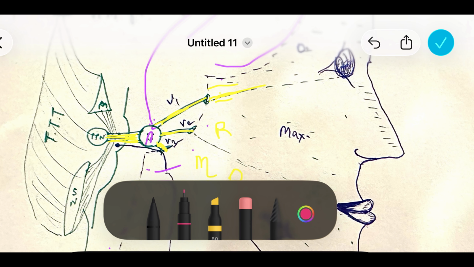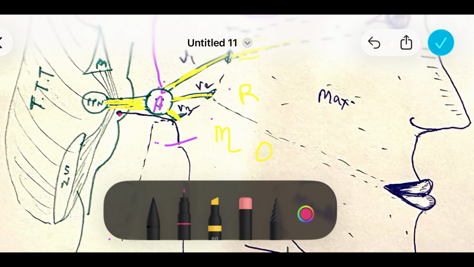So where is the motor root? The motor root is here, right here. It is not connected to the trigeminal ganglion. Now this is the motor root.